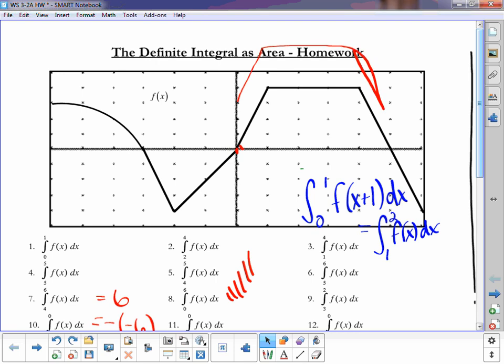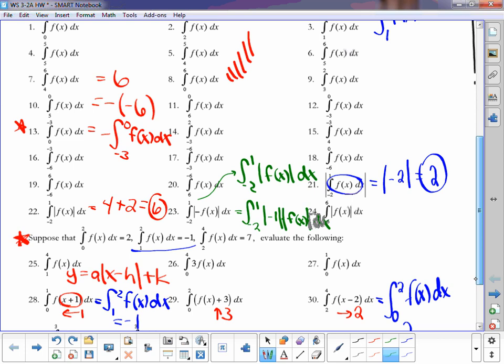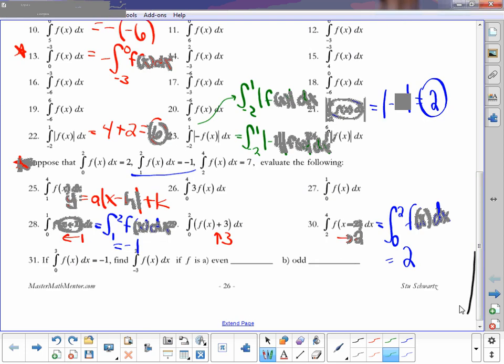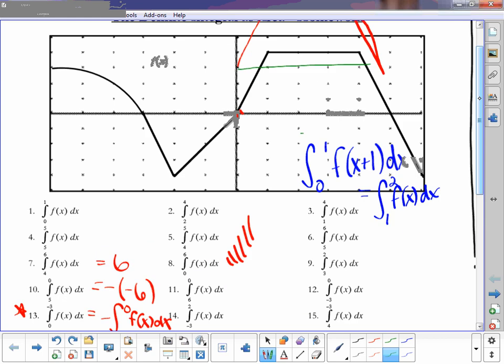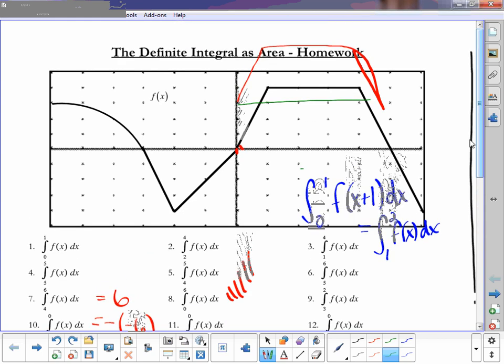Now we have the same area we had before, but in addition to it, we also have this rectangle added onto it, right? So we're going for that piece. Again, we're just using the graph to help us illustrate it. From 0 to 2, I did have only this piece here.